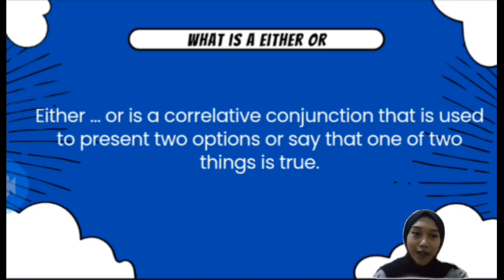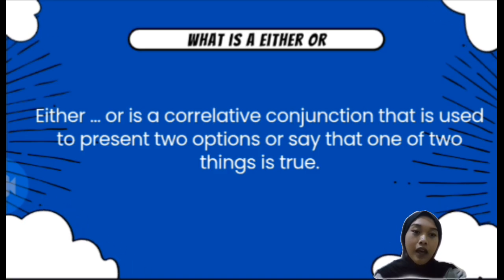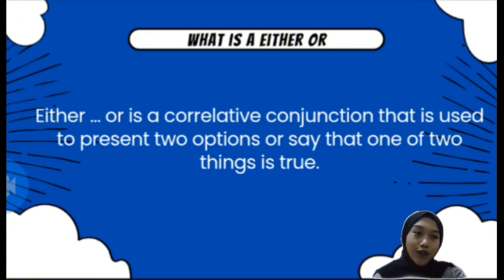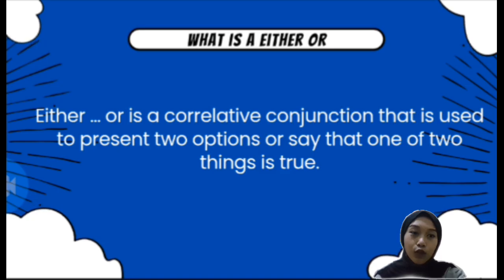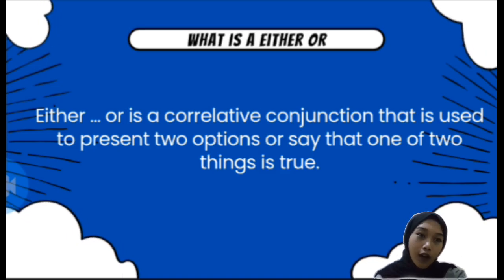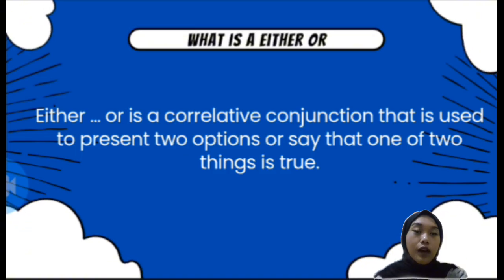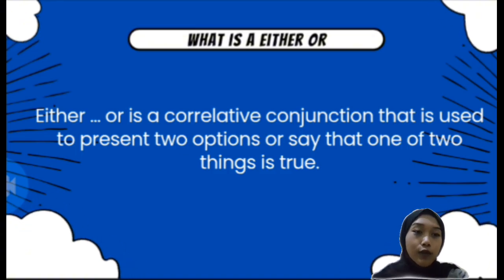Today we will discuss one of the important points in English grammar, namely the use of correlative conjunction, particularly the structure either/or, and how this structure affects subject-verb agreement. 1. Definition and function.